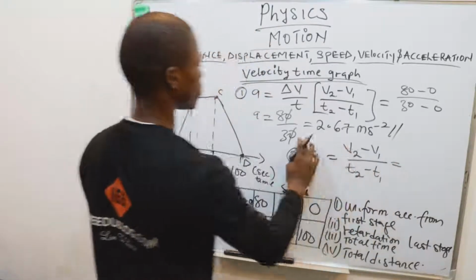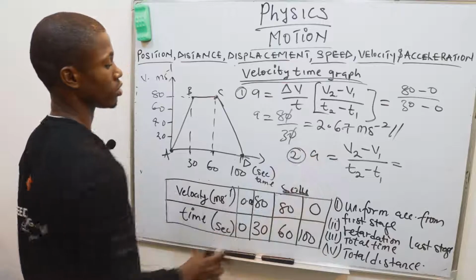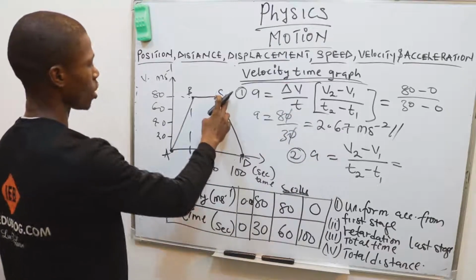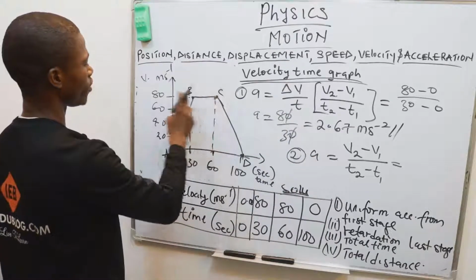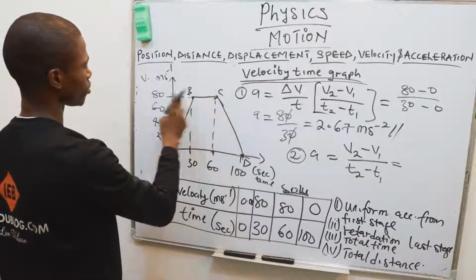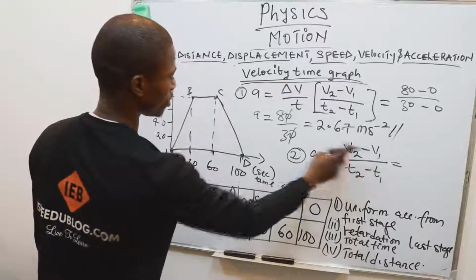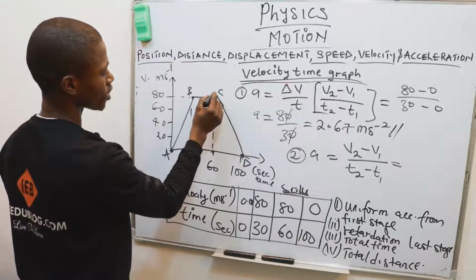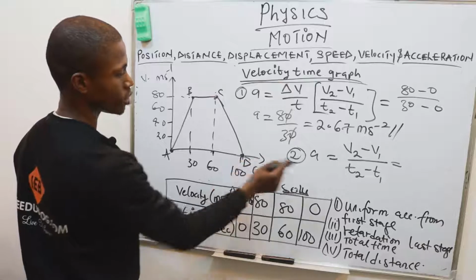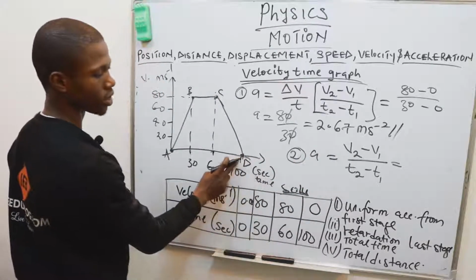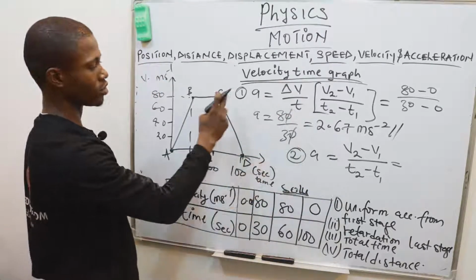This retardation starts from this point C and ends here, so our final velocity is this 0 here, and our initial velocity is this.